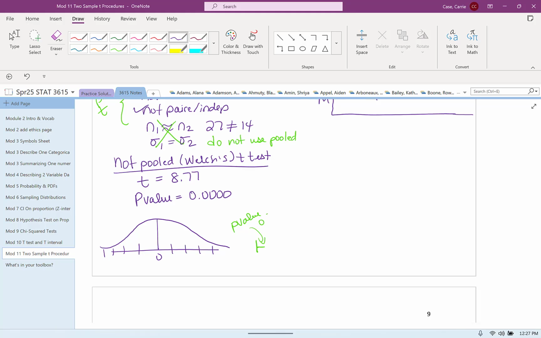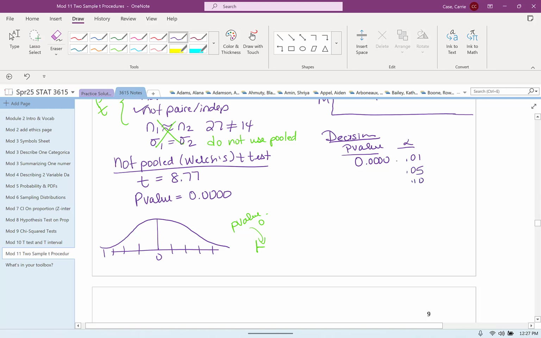So now we can make our decision. And our decision, remember, our p-value is compared to alpha. I don't particularly care what alpha is here because my p-value is 0. So alpha of 0.01, 0.05, and 0.10, it doesn't matter what field you're in, we would reject the null. Everybody would reject the null with a p-value this small.